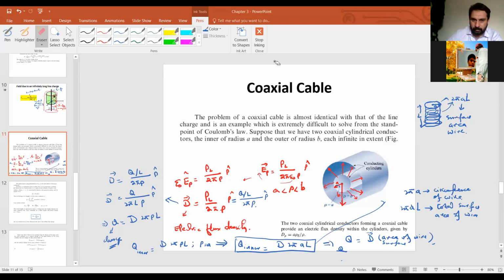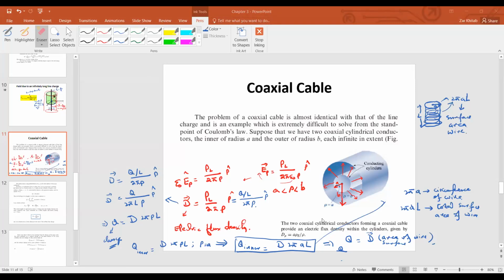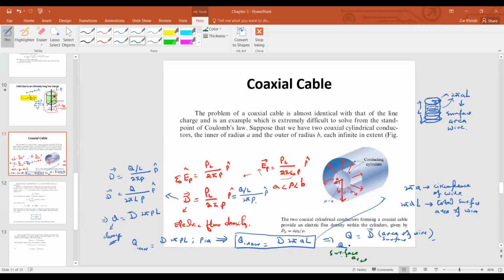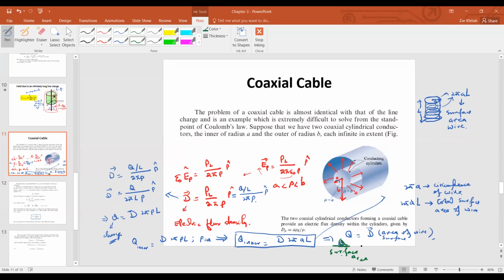Okay, so again, this is your surface area of the wire, and now you can see that charge divided by surface area of the wire, from this equation, is equal to D, which equals rho S. Okay, is this clear?